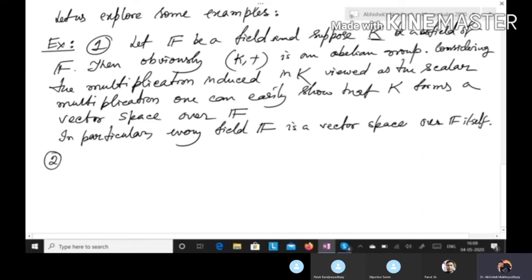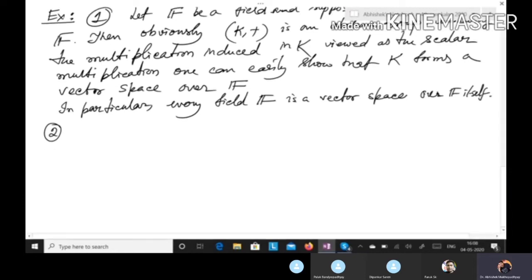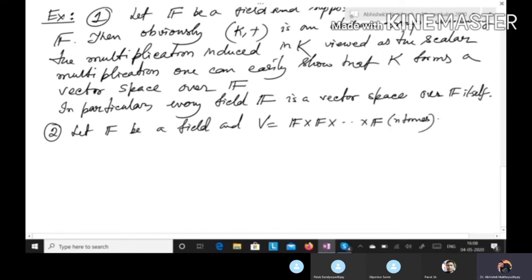And the second one is related to our living world, that is R3, R2. In general you can define Fn for any field F. So let again F be a field, and you consider the Cartesian product of F up to n times, which one can denote by Fn.